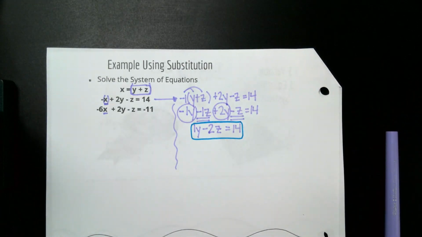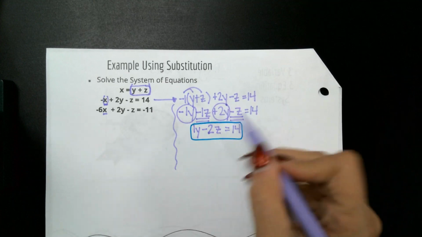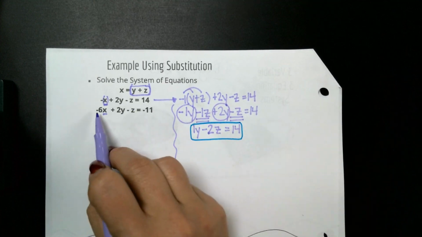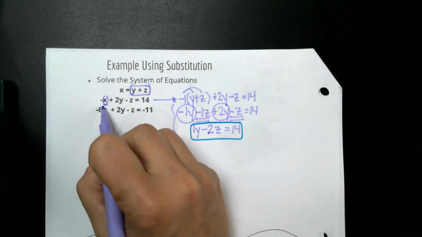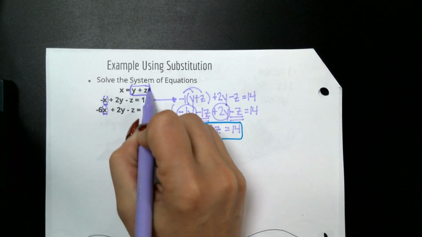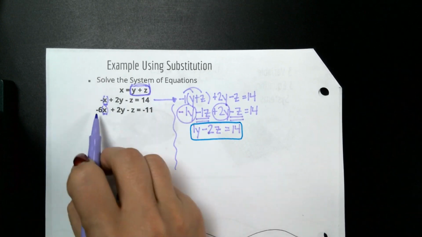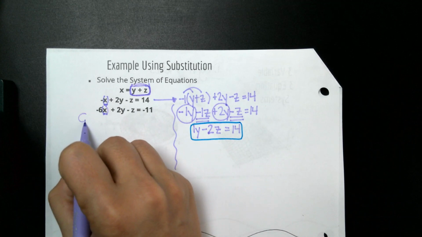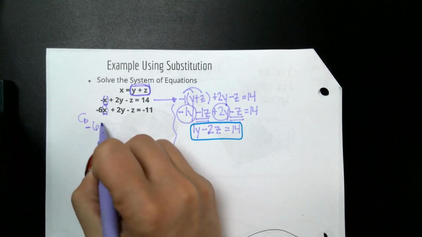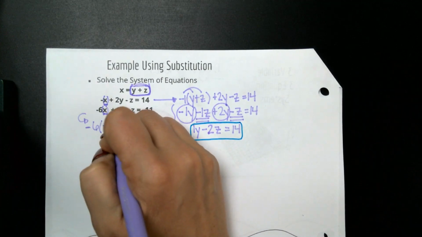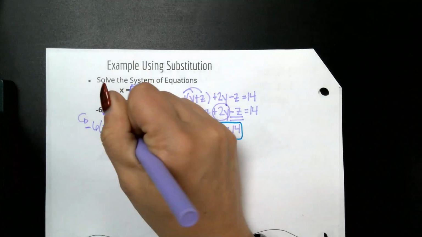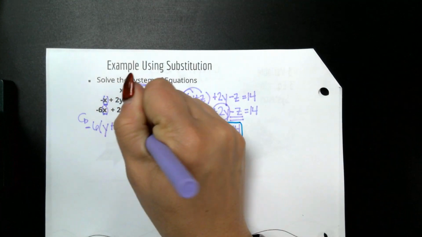And I want to do this same process with this equation. So remember how we can take the x out and put this in its place? Let's do that with this equation. So -6, and then in parentheses put y plus z, and then copy the rest of the equation down.